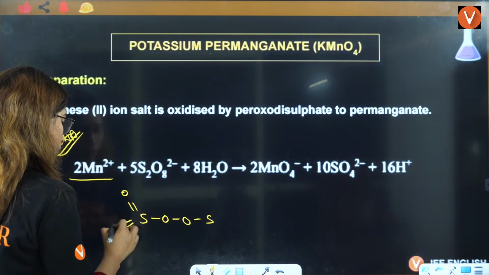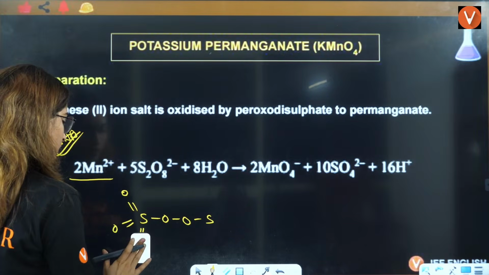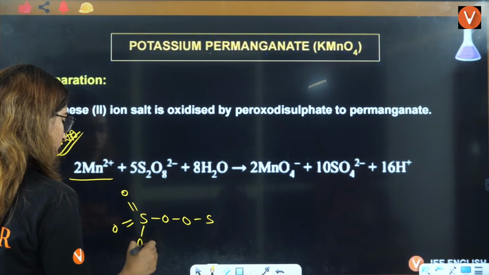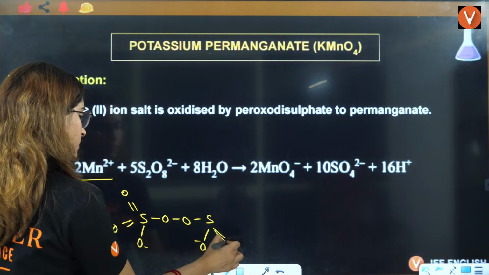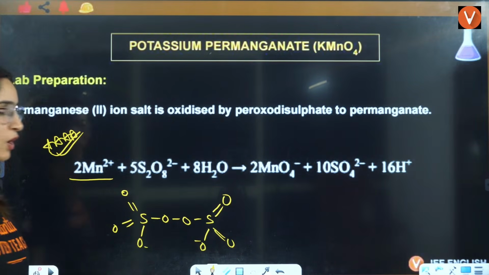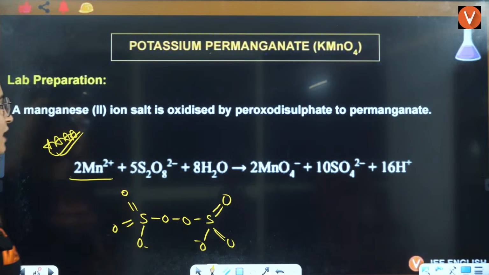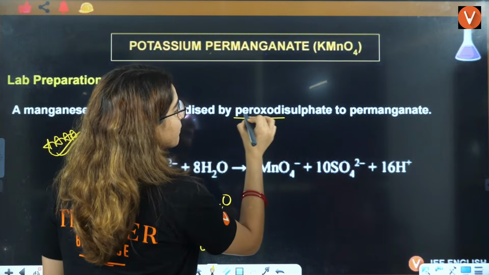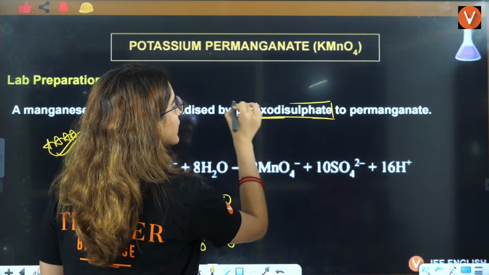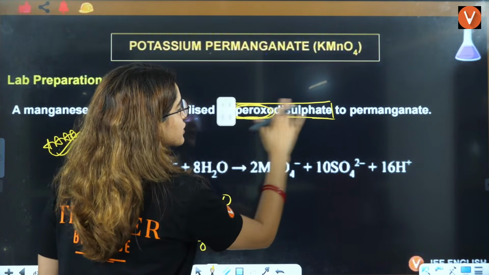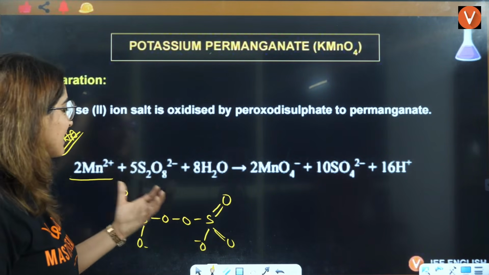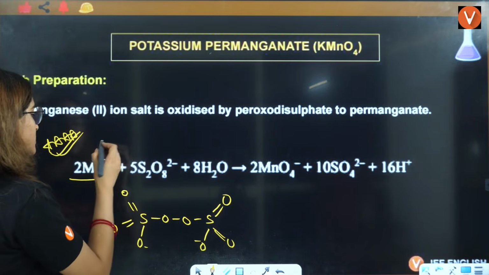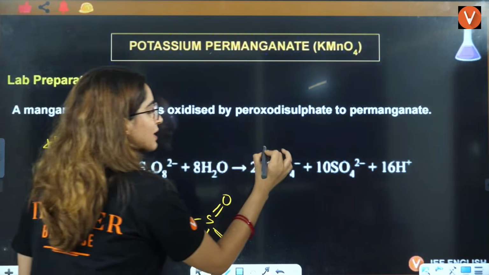And here you have double bond O and double bond O. Now, this is actually peroxodisulfate, where you have a peroxo linkage, that is this particular linkage. Because of this linkage, it acts as a very good oxidizing agent, which is converting this +2 to +7 directly.